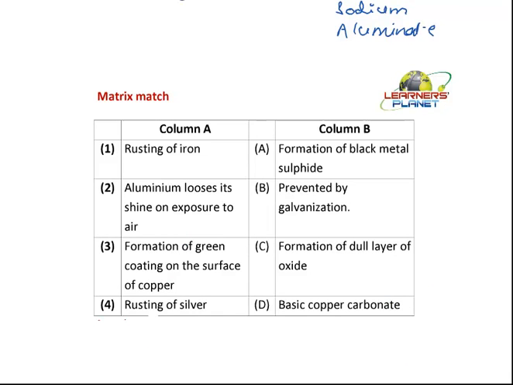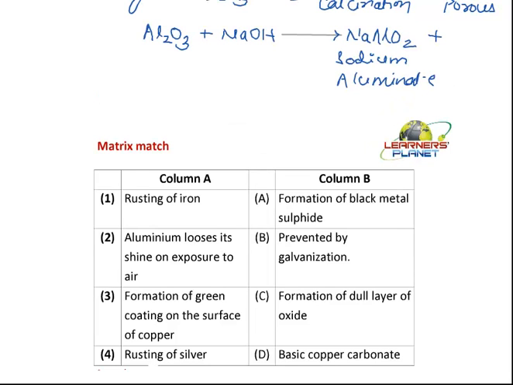Now in this case, students, your ore, that is aluminium oxide, reacts with sodium hydroxide and forms sodium aluminate and comes into solution, whereas your impurities like titanium oxide or iron oxide get settled down. And sodium aluminate can be obtained by filtration.